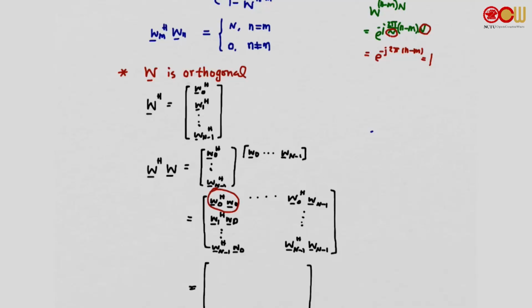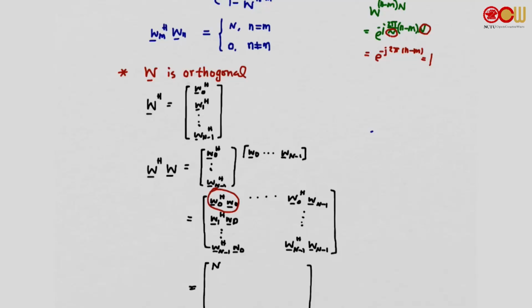When n equals m, this is equal to N. So that would be an N here. And for all the other elements, W_1 Hermitian W_0, we get a 0 here.